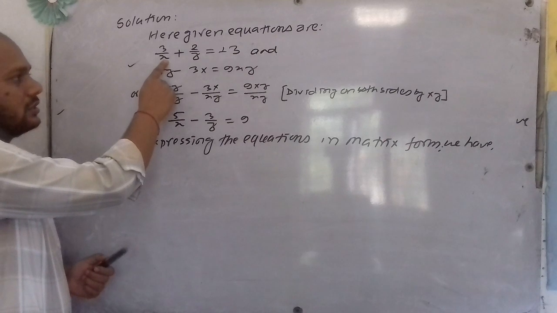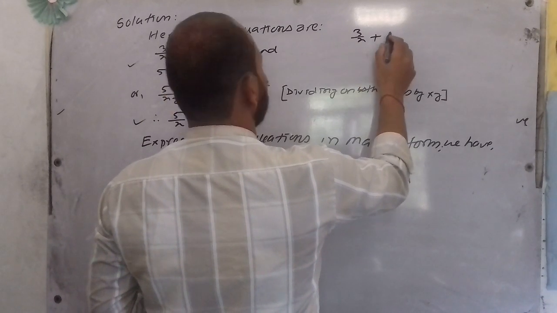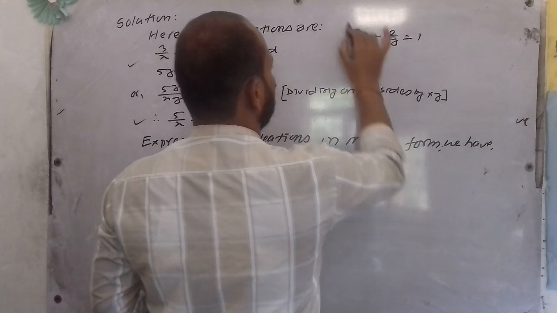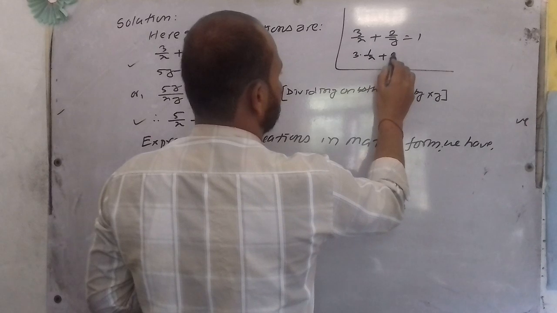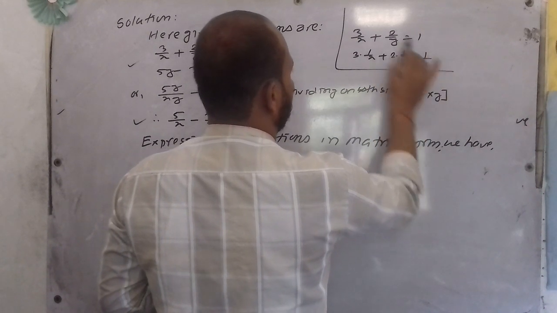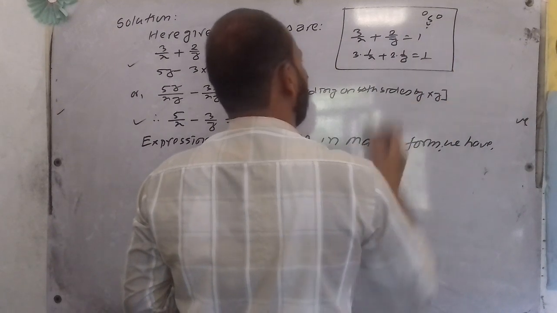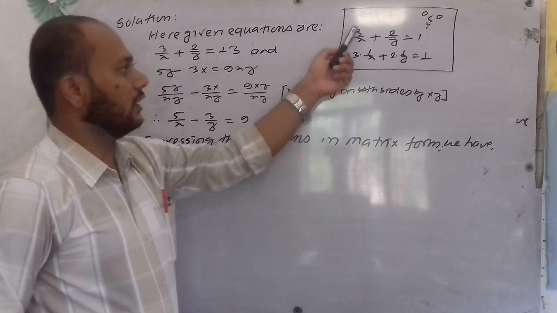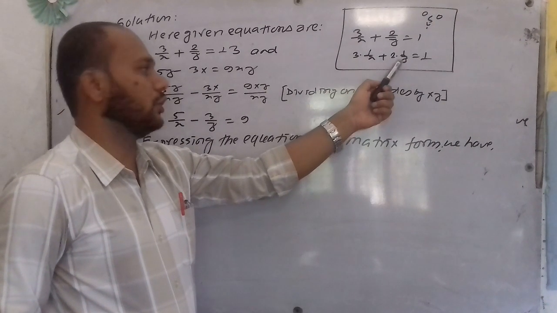Now look here my dear students, in this equation 3/x + 2/y = 13. Here all of you look, 3 into 1/x plus 2 into 1/y is equal to 13. Here we have 3/x + 2/y written in the form of 3 into 1/x plus 2 into 1/y.